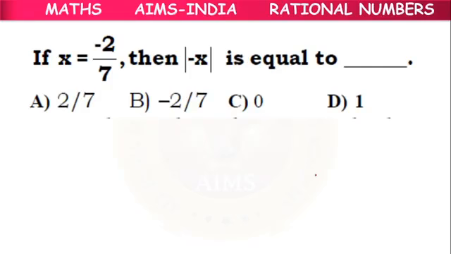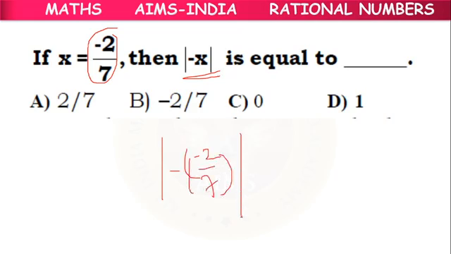Next. Next, children, x equal to minus 2 by 7. Then what is the value of modulus of minus x? What is the x value? Minus 2 by 7. Minus into minus is plus, which is equal to modulus of 2 by 7.